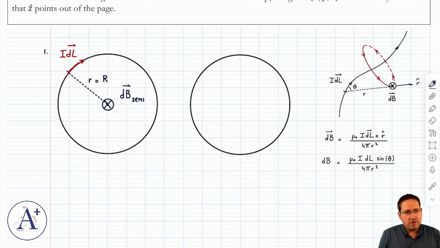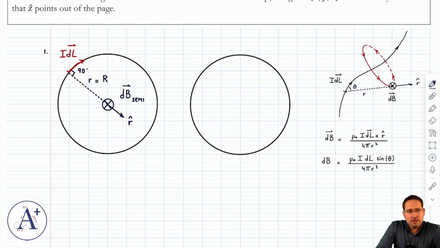Okay, then I want r hat. Well, r hat is the vector that at the location where I want to find dB points away from the base of dl. And now the angle between dl and r hat is going to be this angle. Well, that's 90 degrees because dl is tangent to the circle and so perpendicular to the radius.